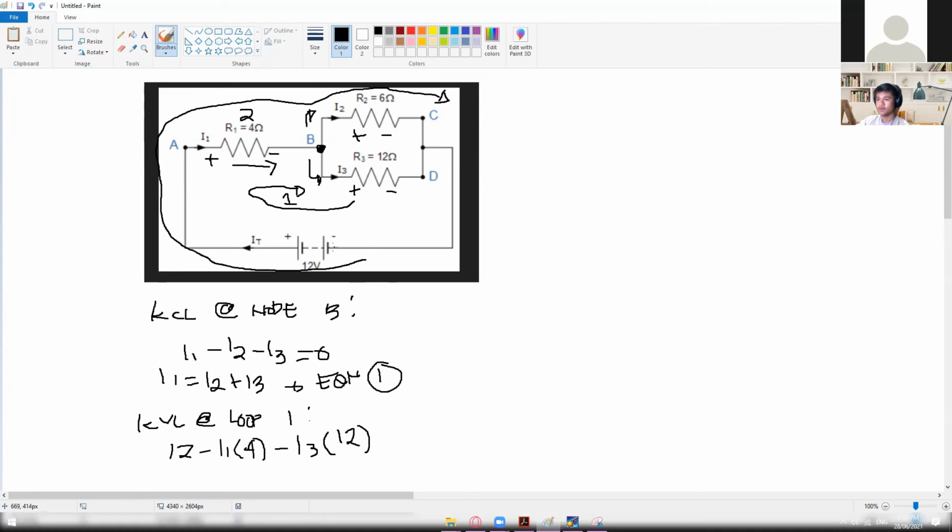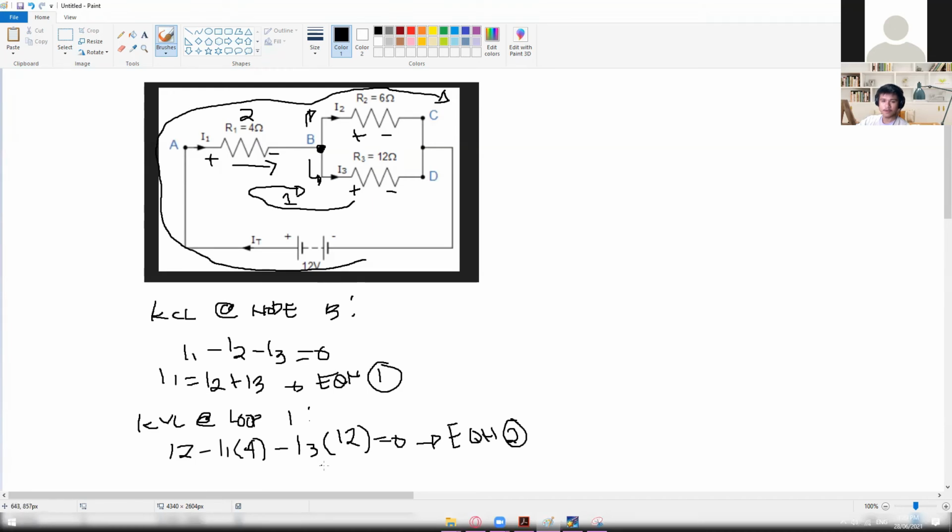And then going back to our voltage source is now equal to 0. Okay, so that is now the KVL at loop 1. We cannot simplify this any further since there are no similar units. This is equation number 2.